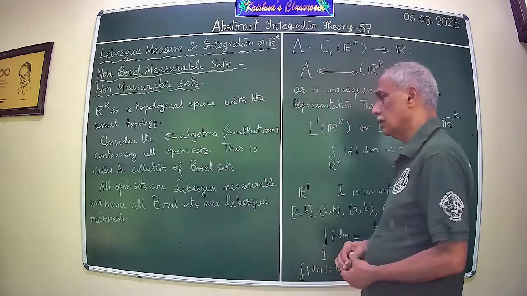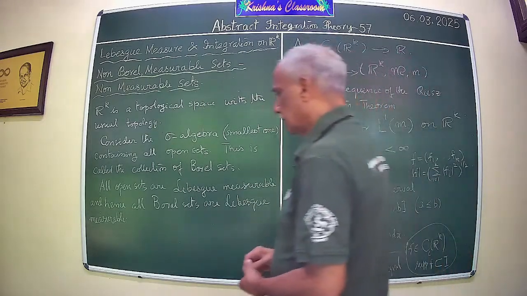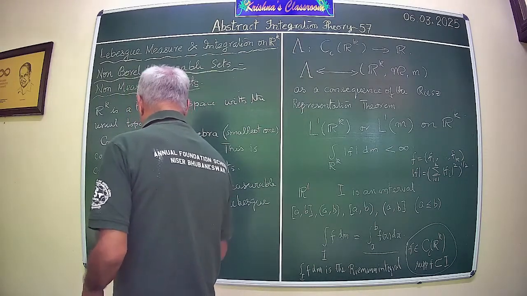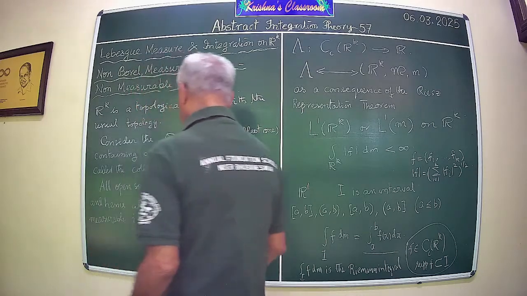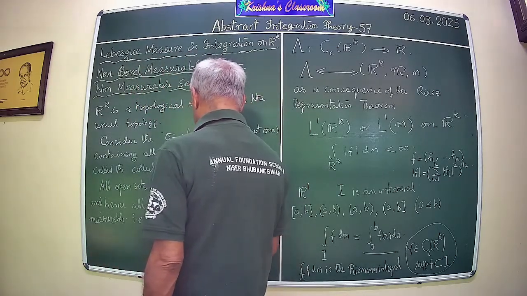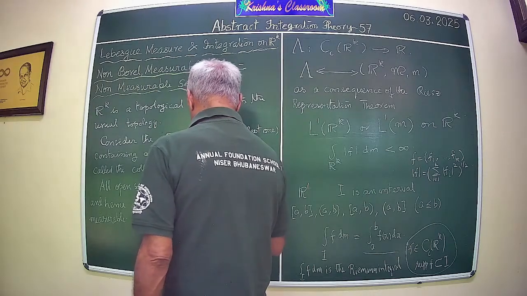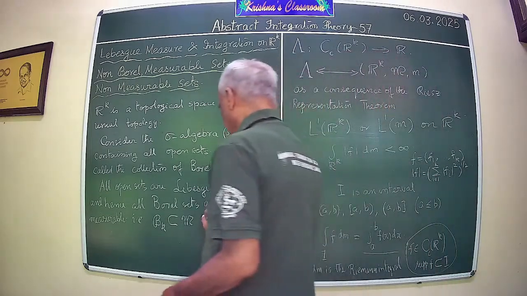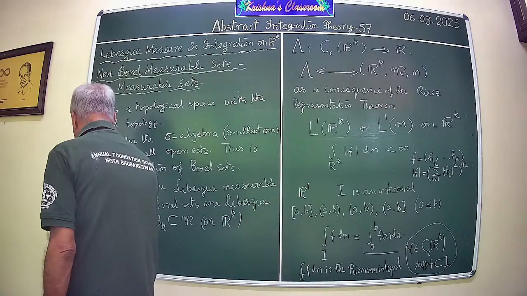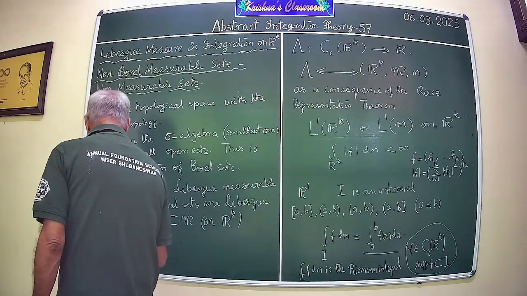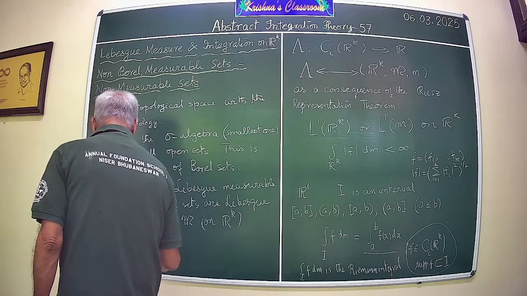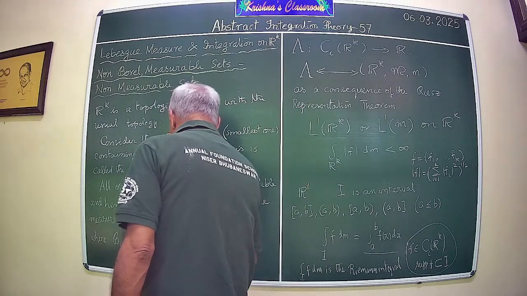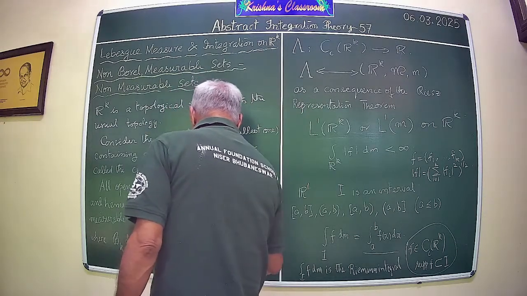That means a collection of Borel sets, say B_k, where B_k denotes the sigma algebra of Borel sets.